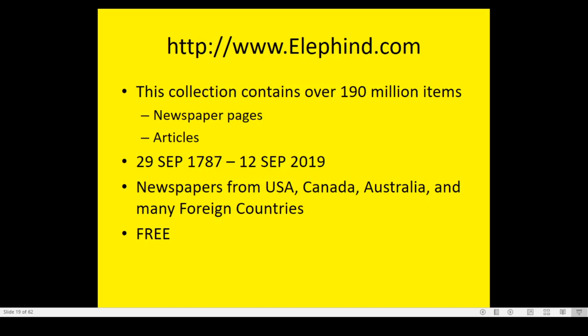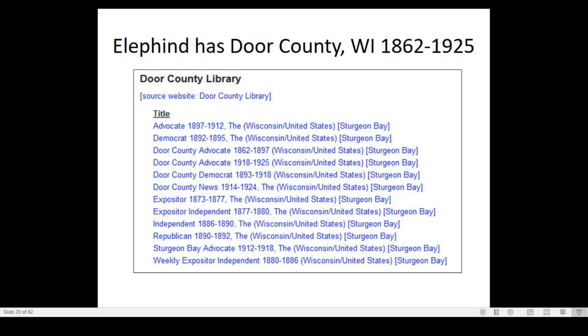It's newspapers from the USA, Canada, Australia, and many foreign countries, and it's free. So mark that one. Here, Elephant has Door County in Wisconsin, 1862 to 1925. So if your ancestors came from Door County, they're probably going to be in one of these papers. They're all online, and they're all free.